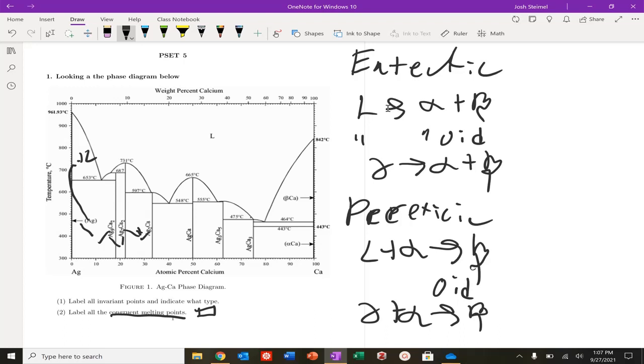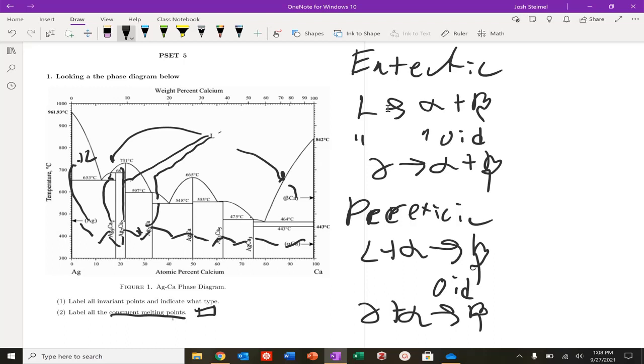You can see added here, this is an alpha, and it transforms to beta, so this is beta plus liquid here, and this is this phase plus liquid.